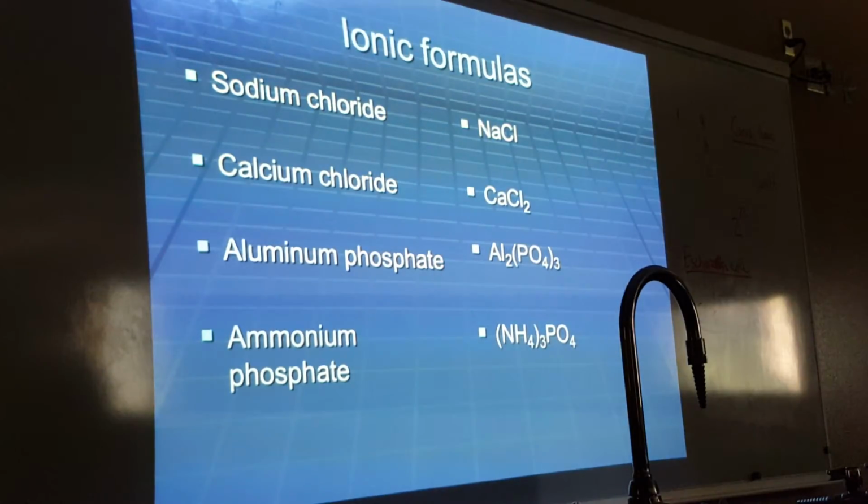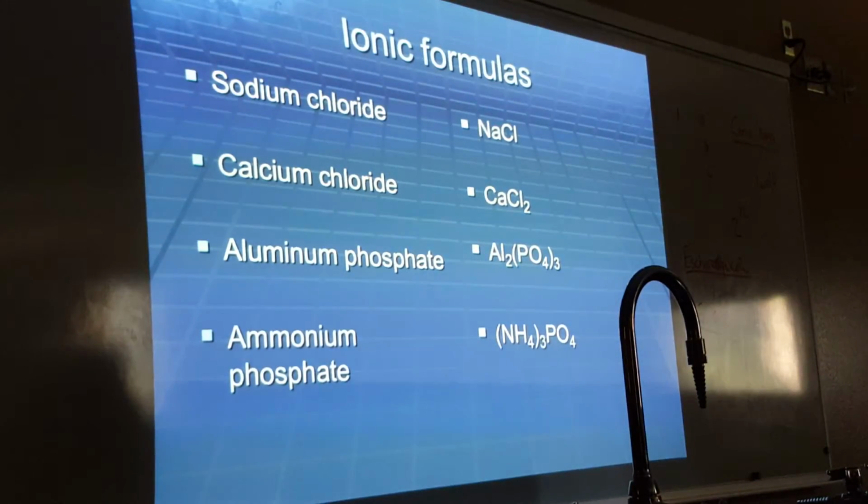Let's look over here. How did we come up with the formula for calcium chloride? Well, if you look on your ion chart, calcium is a +2 ion, and chloride is a -1 ion, so it's going to take 2 chlorides to stabilize the +2 charge, isn't it?